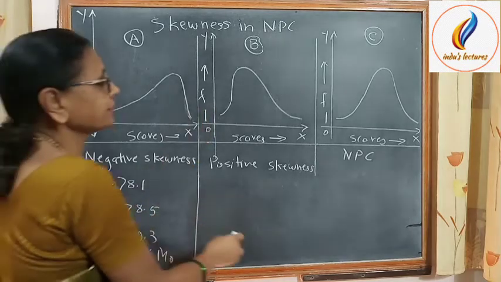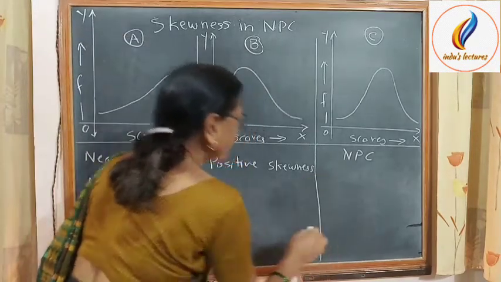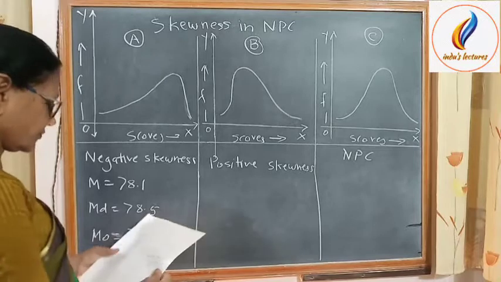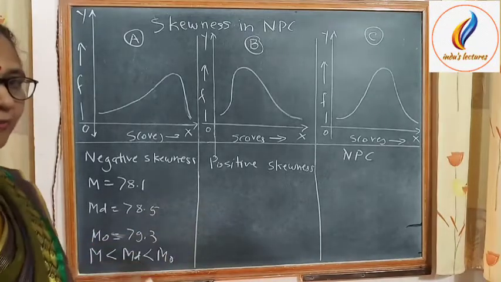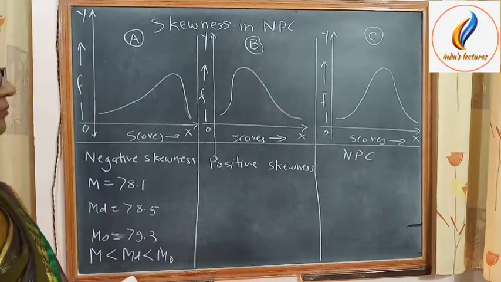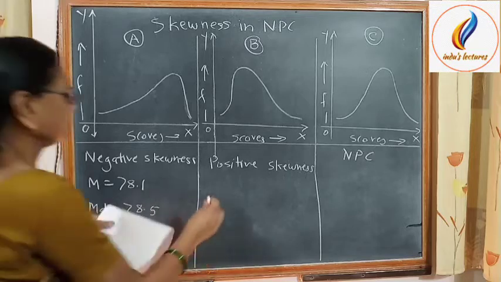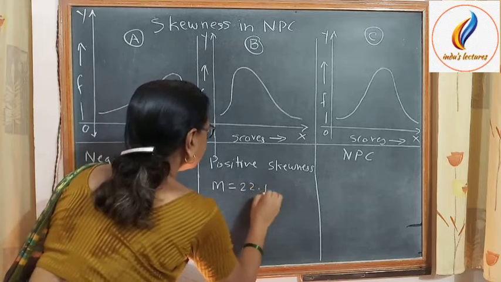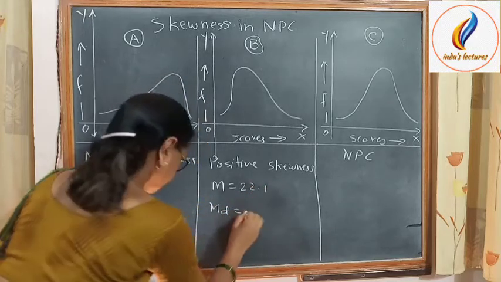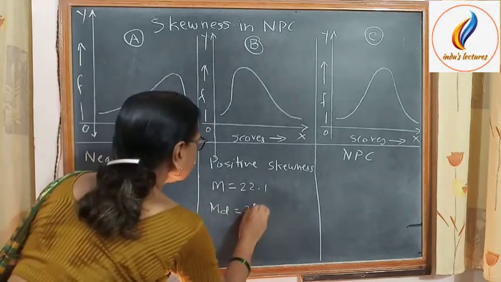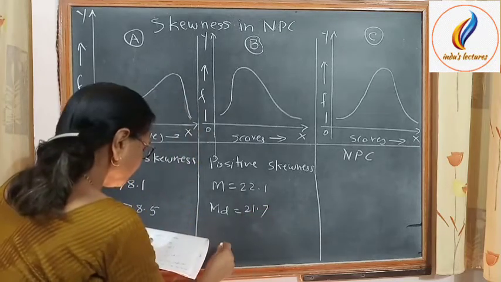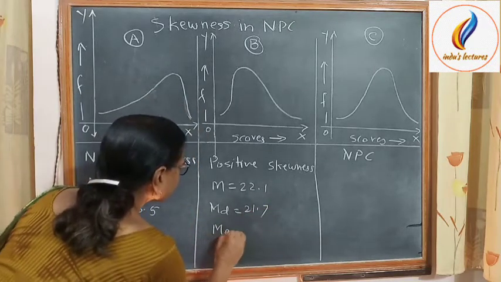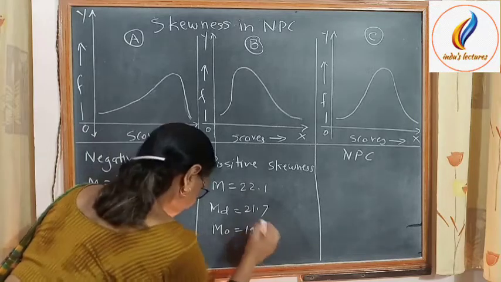Now if we consider the second distribution, say B, and calculate the measures of central tendency, then mean is equal to 22.1, median is equal to 21.7, and mode is equal to 19.3.